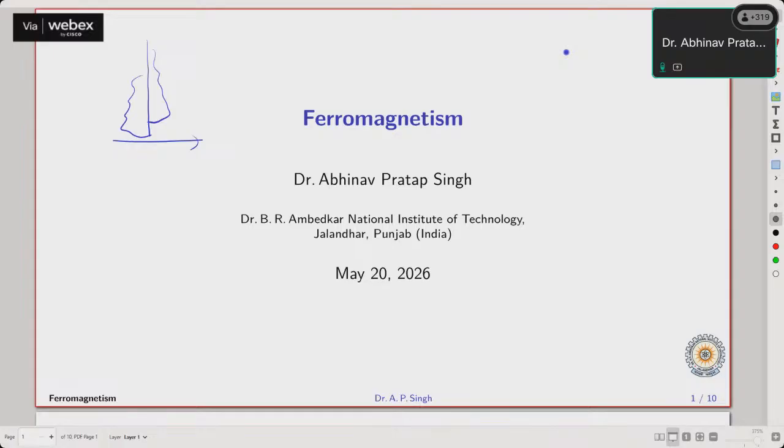That means some of the states will have higher energy. If this is the Fermi energy, and if I call this spin down and this one spin up, then you will find that there are more spin down electrons as compared to the spin up electrons. And therefore, there will be a net magnetization in this direction, which I called the spontaneous magnetization.